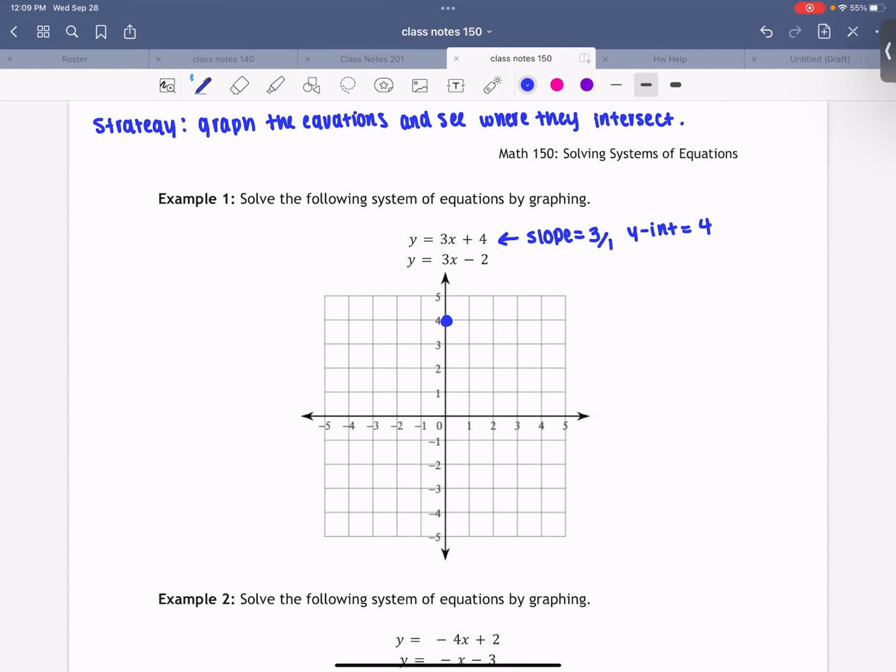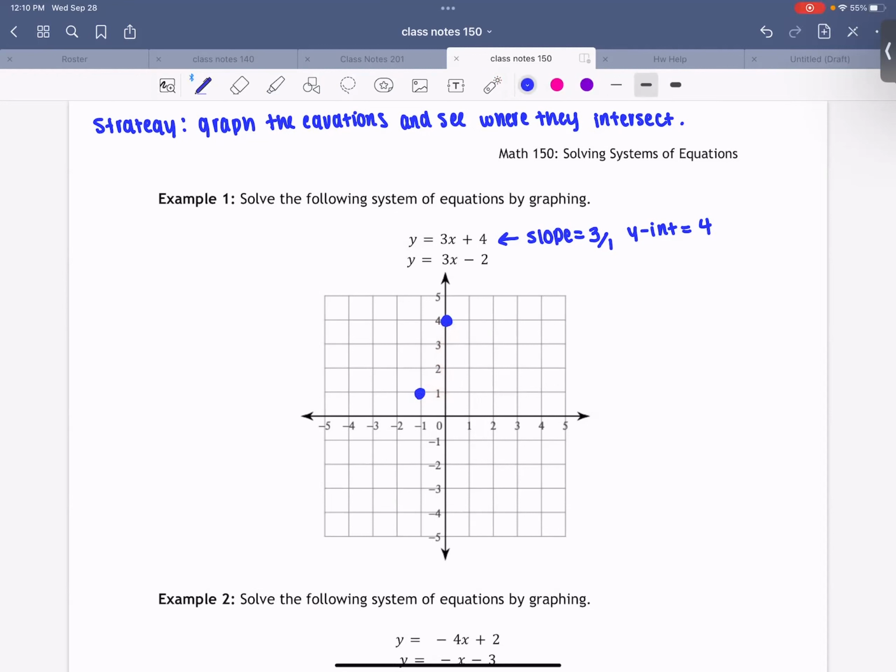I can rise up 3, run over 1. Unfortunately, if I do that in my graph, it looks like I'm going to run out of space. Any other way I can draw my next point instead of going up 3? Yeah, you can go down 3, and would I go to the right or left? To the left, good. So I can go down 1, 2, 3, and go to the left 1.